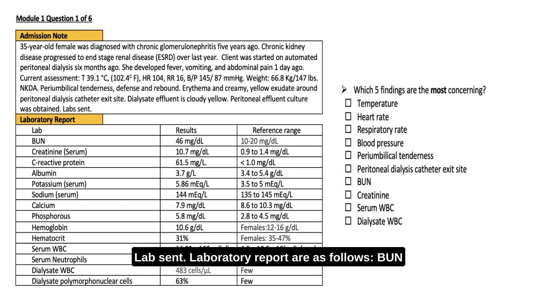Labs sent. Laboratory report is as follows: BUN 46, creatinine, serum, 10.7, C-reactive protein 61.5. Albumin 3.7, potassium, serum, 5.86. Sodium, serum, 144, calcium 7.9, phosphorus 5.8, hemoglobin 10.6.